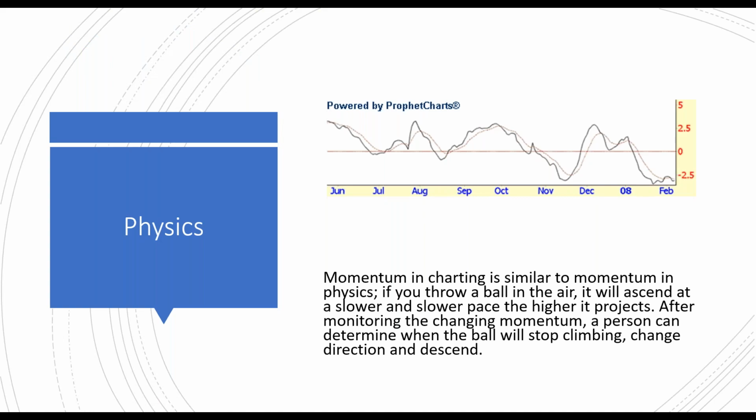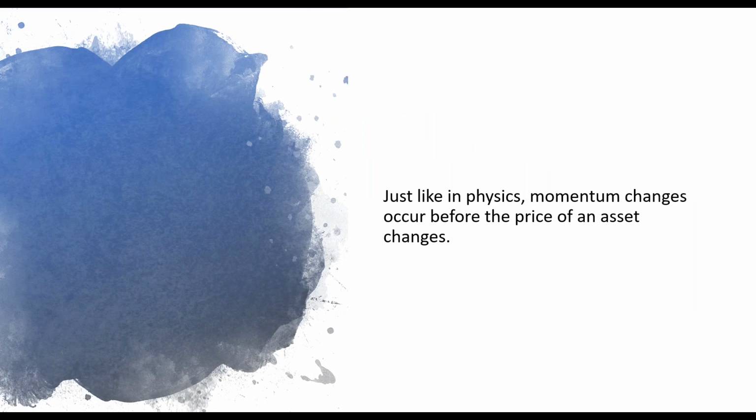So remember, momentum in charting is similar to momentum in physics. If you throw a ball in the air, it will ascend at a slower and slower pace the higher it projects. After monitoring the changing momentum, a person can determine when that ball will stop climbing and change direction and descend.